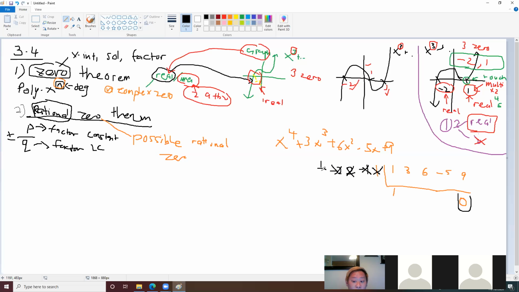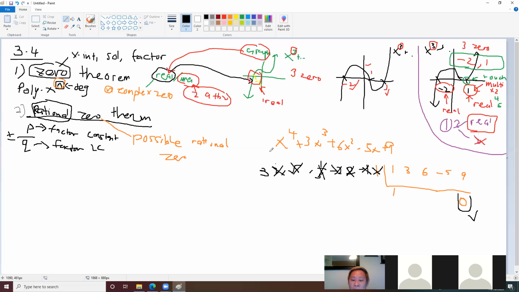Don't forget, it can be a fraction, it can be a square root, it can be imaginary. So you keep on trying this forever, until at one time when you try one number, you end up with a 0. Do you know that that is so tedious? And in your test, you don't have time because you only have an hour and a half to do it.